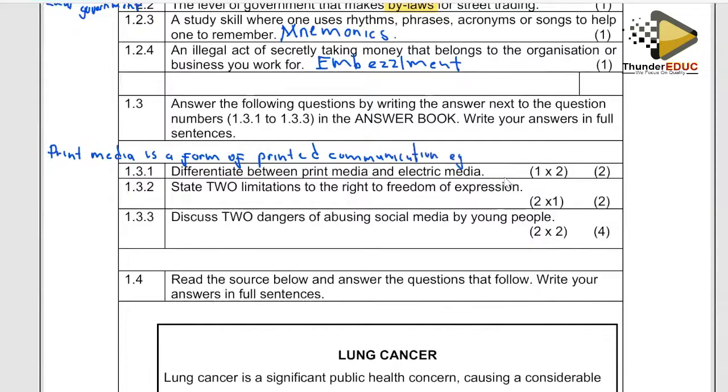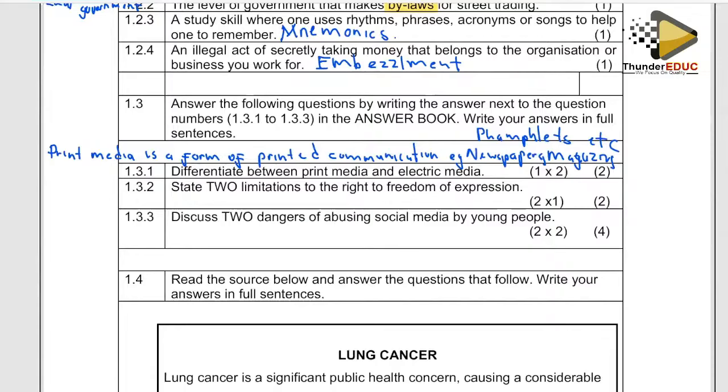I'm going to give examples, e.g., newspapers, magazines, then we also have pamphlets. I'm not going to list the whole list, but it involves that. Even books are a form of printed media. Then posters, leaflets, flyers, all those form part of print media.